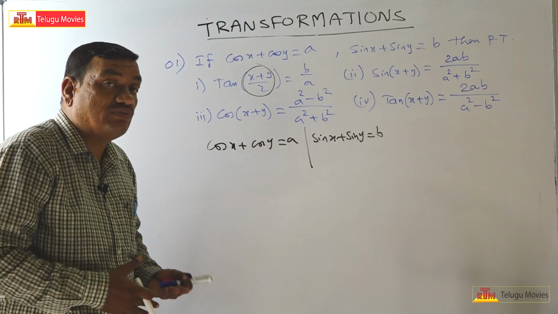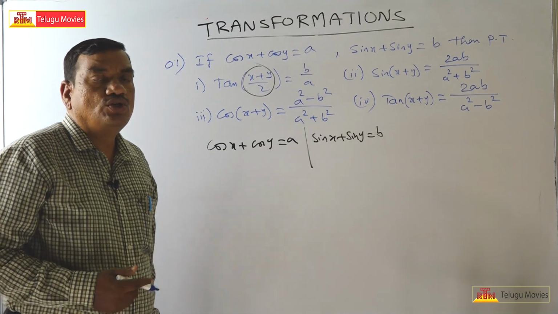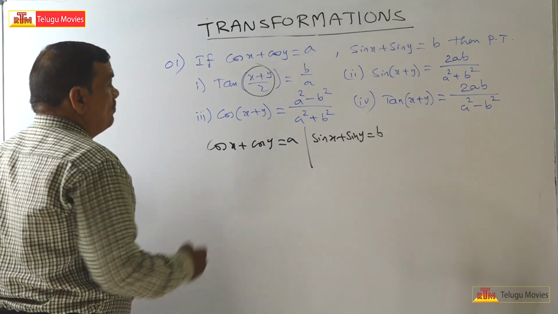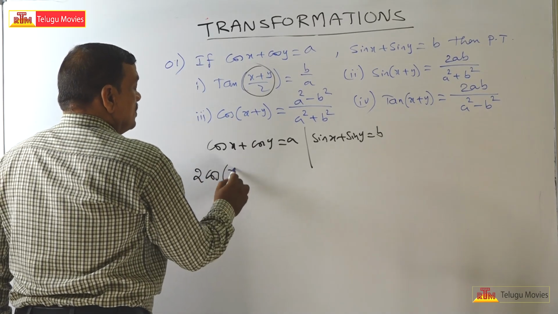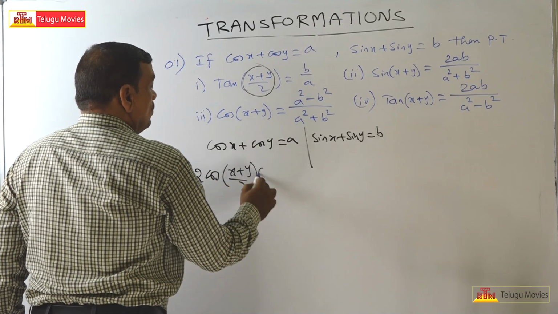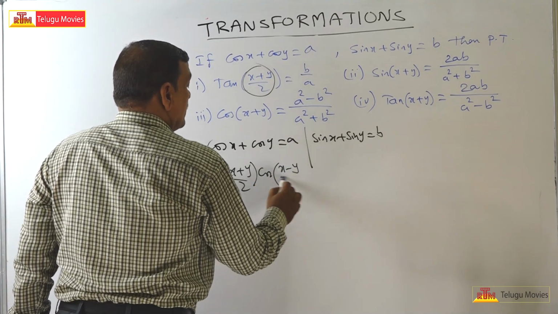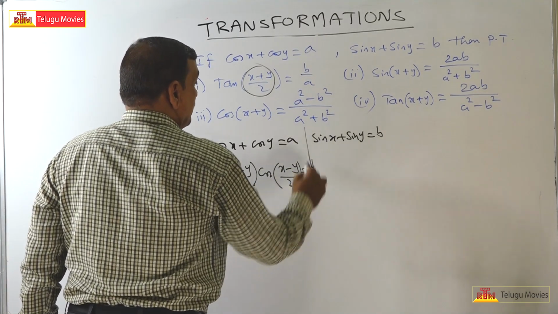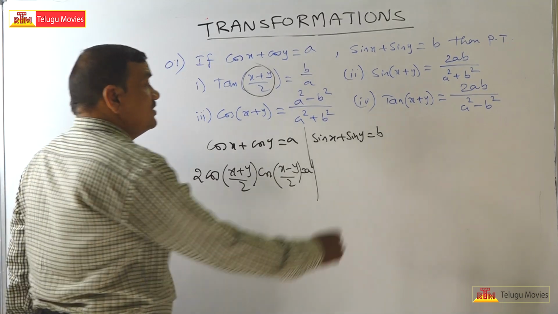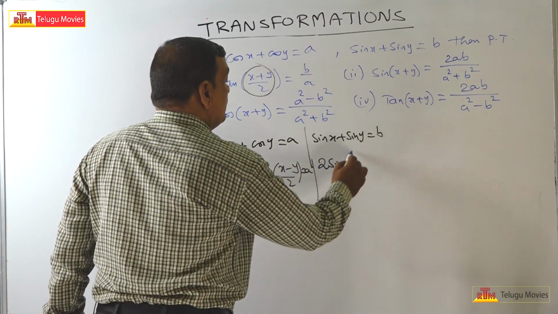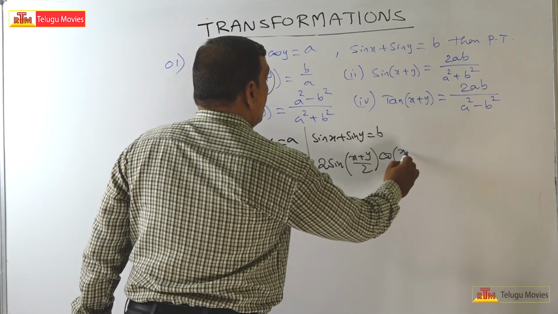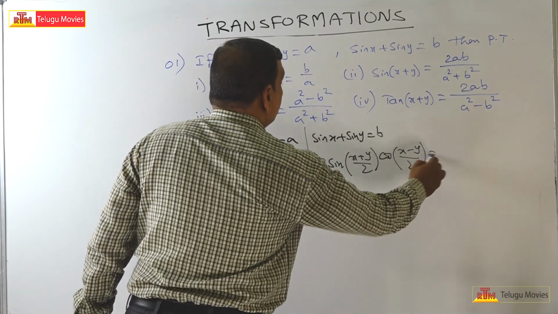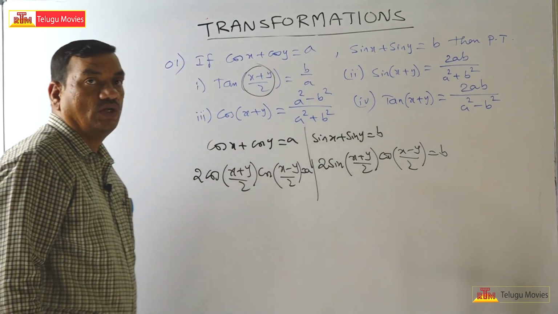Can we get (x plus y) by 2 and (x minus y) by 2? Surely we will get. So cos x plus cos y is equal to 2 cos of (x plus y) by 2 into cos of (x minus y) by 2, equal to A. Sin x plus sin y is equal to 2 sin of (x plus y) by 2 into cos of (x minus y) by 2, equal to B.